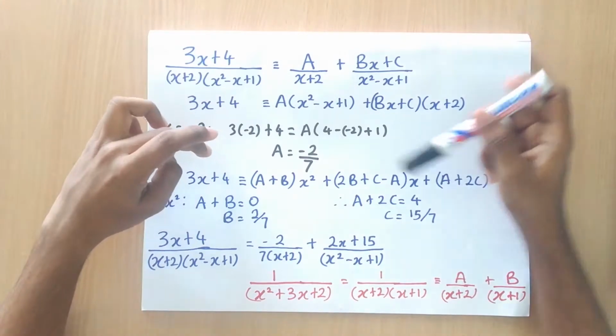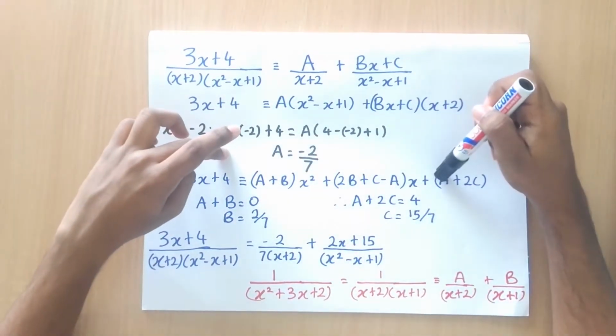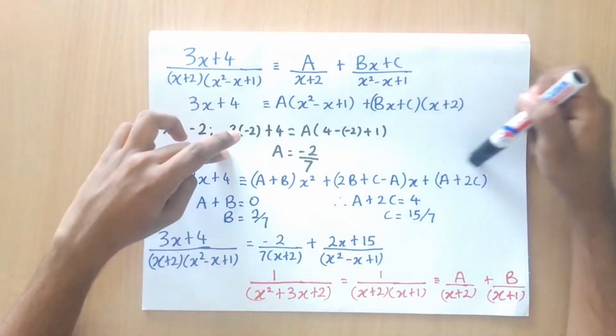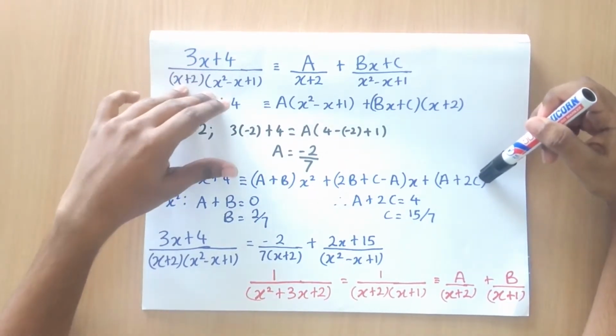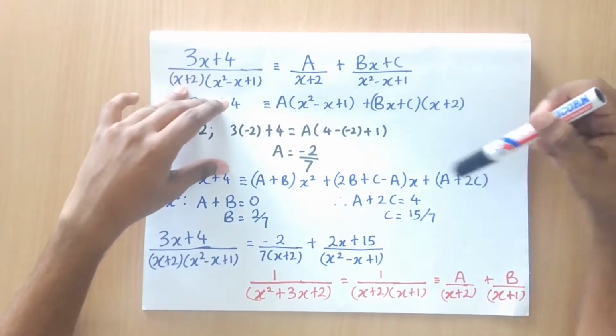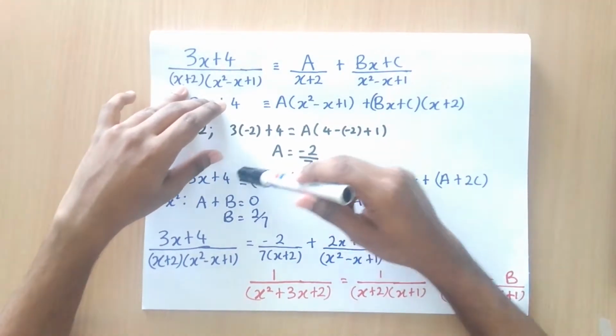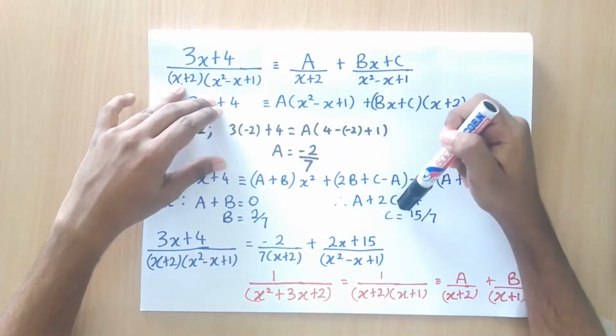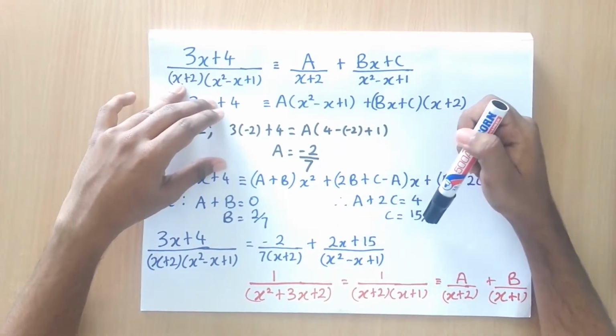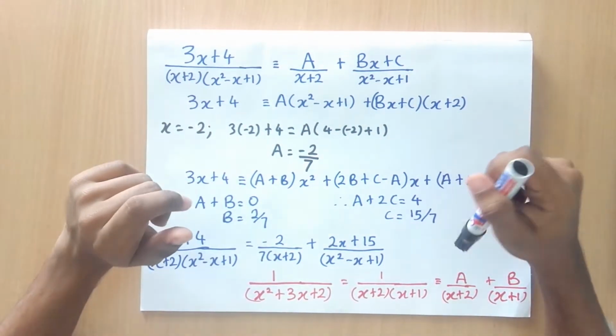Also, when we compare the constants, we can see that here the constant is a plus 2c and here the constant is 4. So a plus 2c is equal to 4. Since we already know a, we can find that c equals 15 over 7.